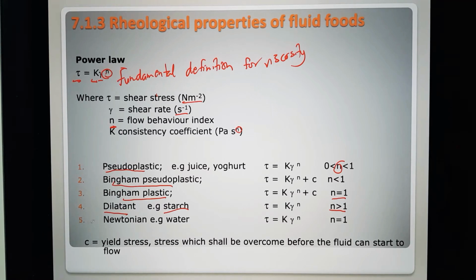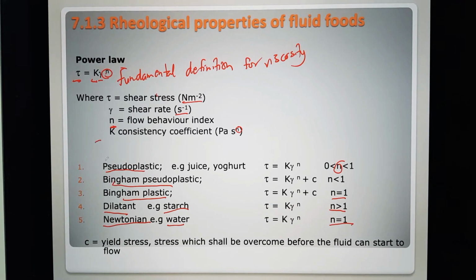Last but not least, the fifth is Newtonian, whereby Newtonian is water and n is equivalent to 1. When we talk about the behavior of the fluid, we talk about whether it is Newtonian or non-Newtonian.